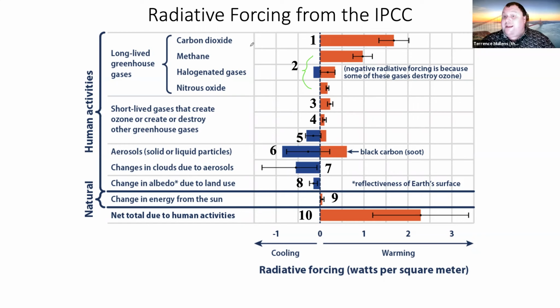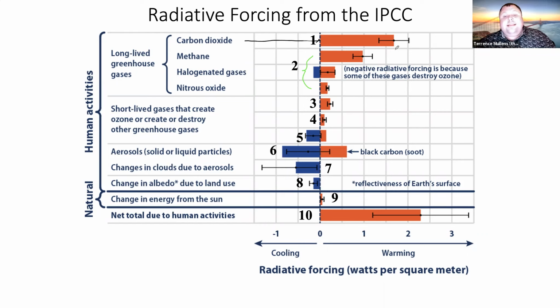So for example, let's look at number 1 really quickly, carbon dioxide. Carbon dioxide up here has had a radiative forcing on Earth's energy budget. The intensity of the forcing is determined by how wide the bar is.